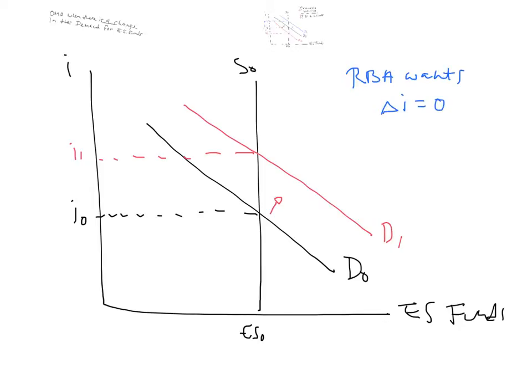Basically, they want to keep the cash rate at I0. They do not want the cash rate to have gone up to I1. So it now has to react to the change in the situation. The change in the situation is the demand for exchange settlements has increased.